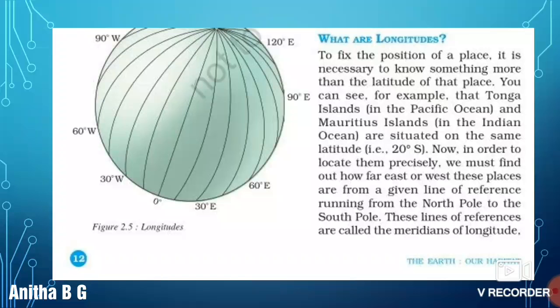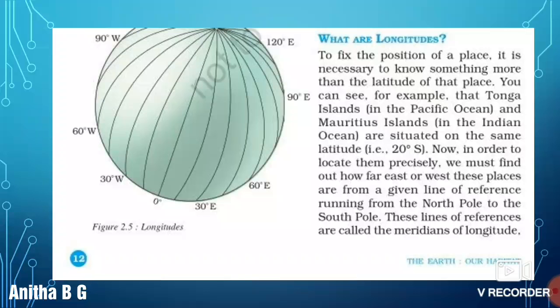Now, in order to locate them precisely, we must find out how far east or west these places are from a given line of reference running from the North Pole to the South Pole. These lines of reference are called the meridians of longitude.